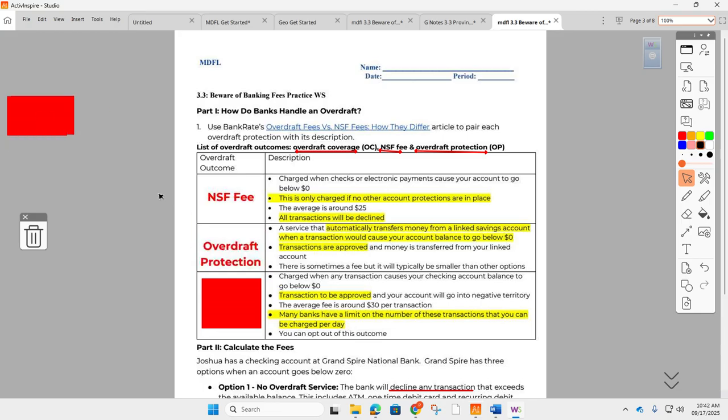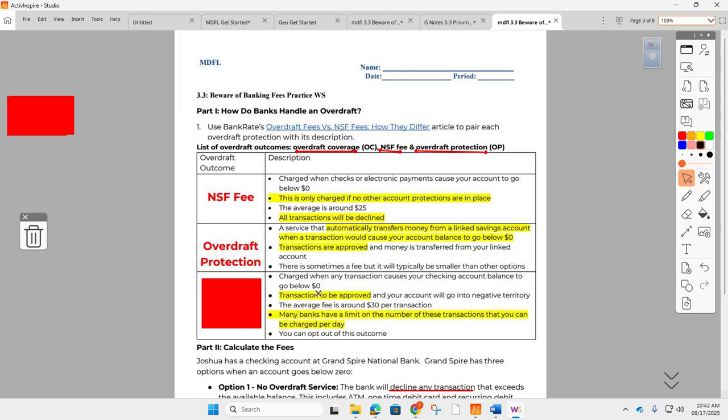So try to remember that with overdraft protection, you have to have a linked account, because they are going to actually use your money and move it from one account to the other. They're going to charge you a fee, but it should be a much smaller fee than if you overdraft your account. And the last one, we only have one left, is overdraft coverage.